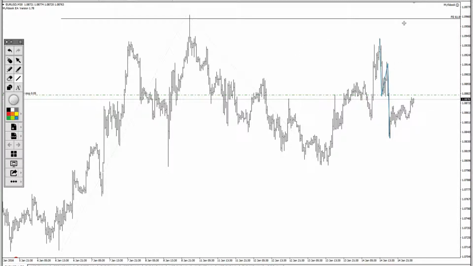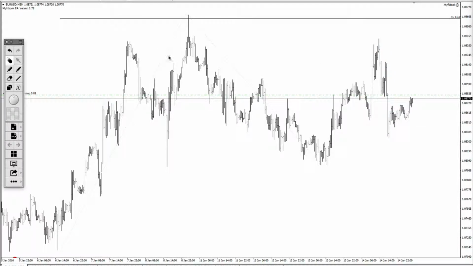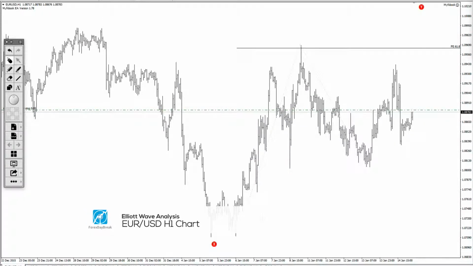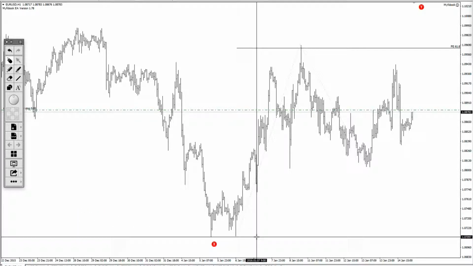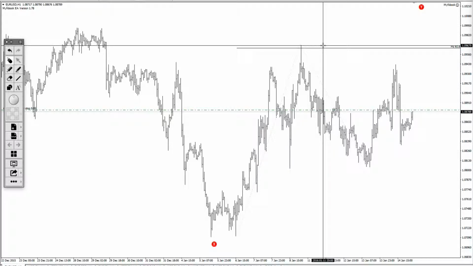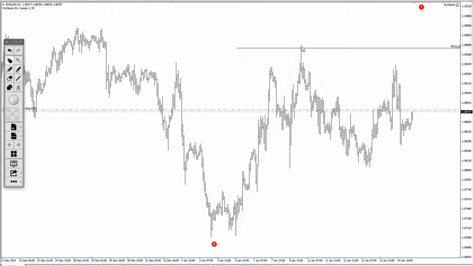And I have used the Fibonacci expansion tool. You can see maybe the faint gray lines here. Let's zoom a little bit further out. So this is the 1-hour chart. You can see the Fibonacci expansion tool is taken from the previous low, which is at 107.1 approximately, and first drawn to the peak of 109.68, and then taken the next decline all the way down to 108.